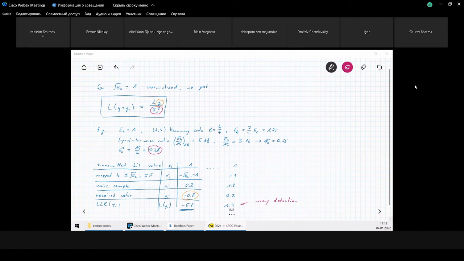So, okay, I also have an example here. So there's of course also the other way around. If I know a log likelihood ratio, I can also calculate the probabilities.